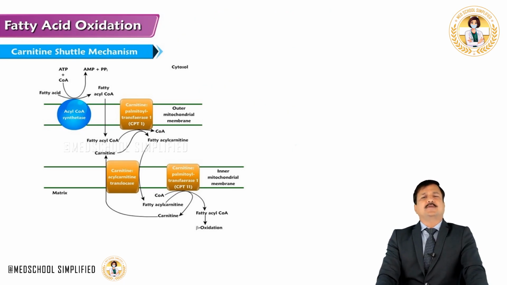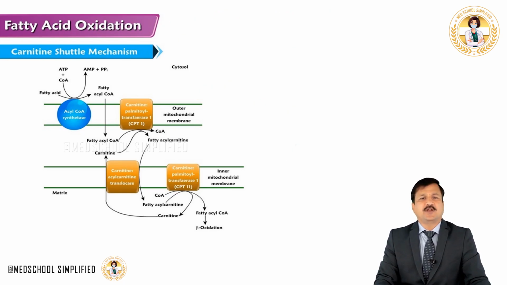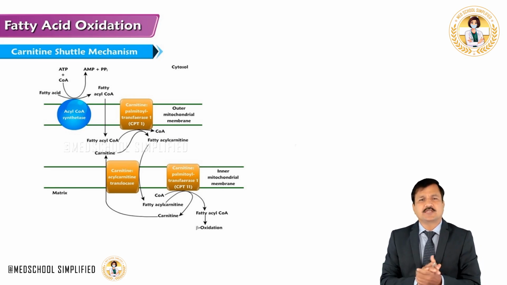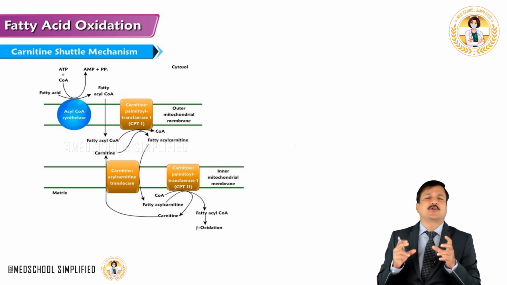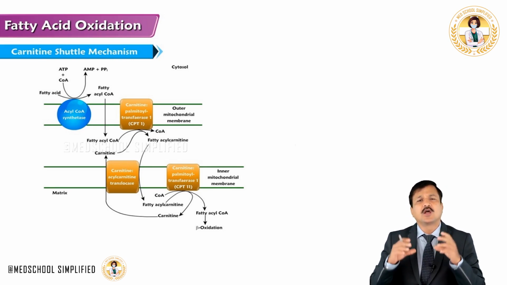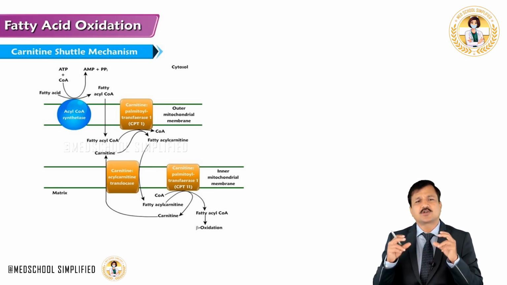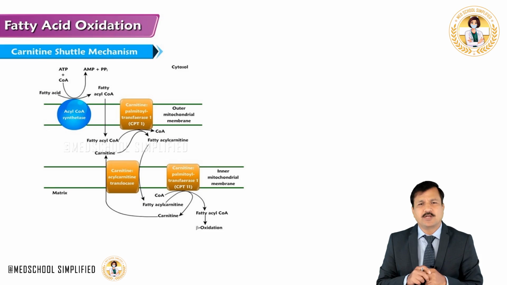As you see in this figure, long chain fatty acid is activated over the outer mitochondrial membrane into fatty acyl-CoA, and that fatty acyl-CoA in the intermembrane space is condensed with carnitine. This is done by an outer mitochondrial located enzyme called carnitine palmitoyl transferase 1, which is also called carnitine acyl transferase 1.